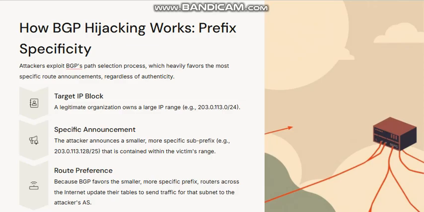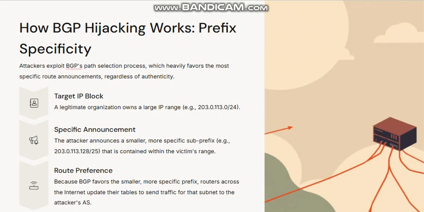So, how does BGP hijacking work? The attack works mainly because BGP always prefers the most specific prefix route. For example, if the real owner has the prefix 203.0.113.0/24 and there is a more specific prefix, let's call it 203.0.113.128/25.